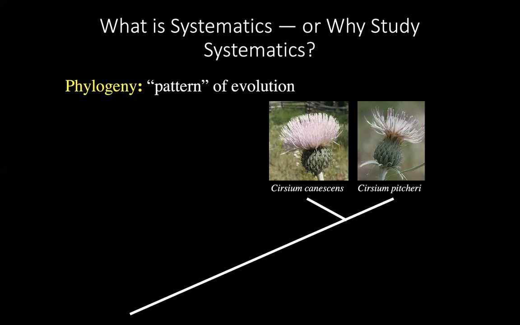It can be that the closest relatives end up fairly close to each other in a key, but it's not necessarily so. I go into a lot of this in other classes, but there are very specific characters, morphologically speaking, and increasingly DNA, that are used to build or uncover the true phylogeny.